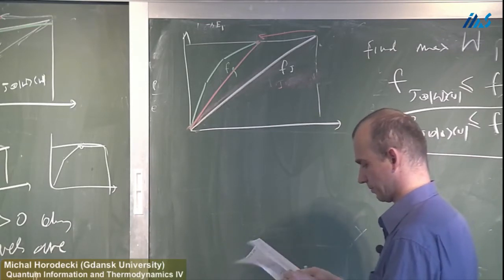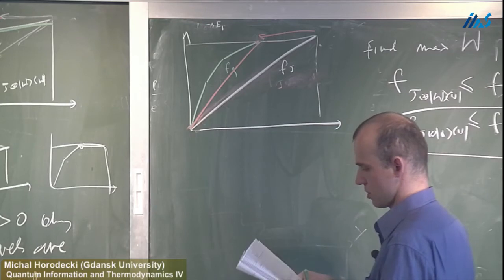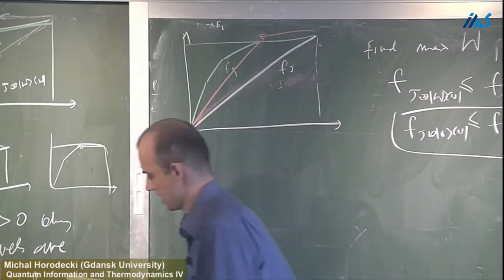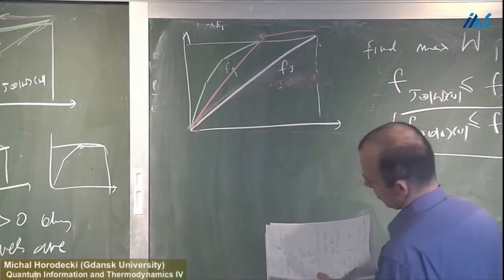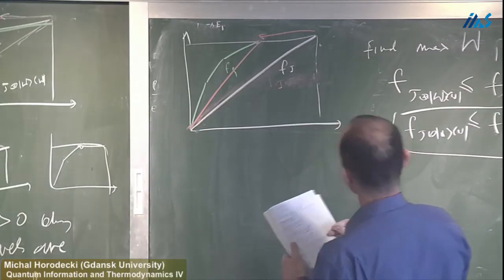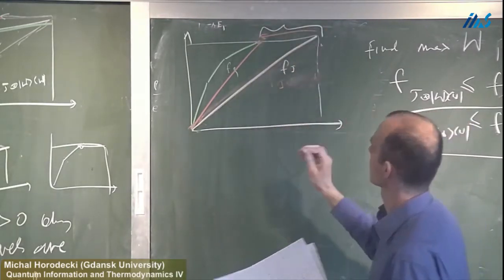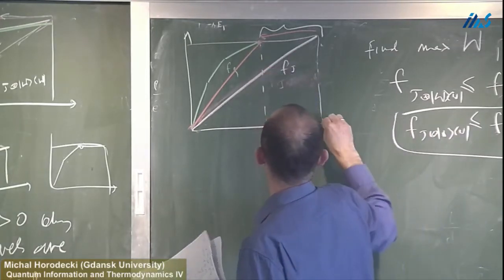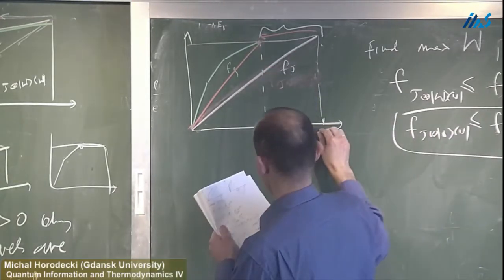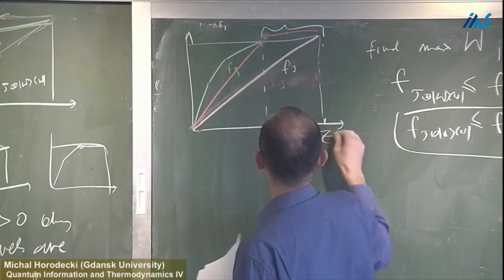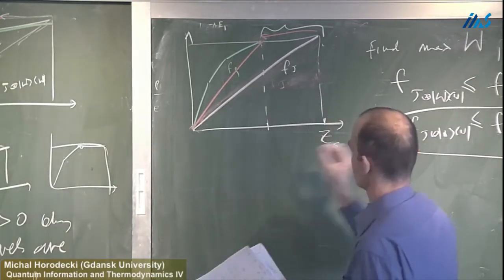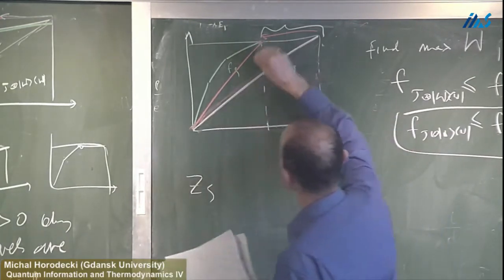So what is this thing? On one hand, this thing is nothing but z of the system minus this thing.